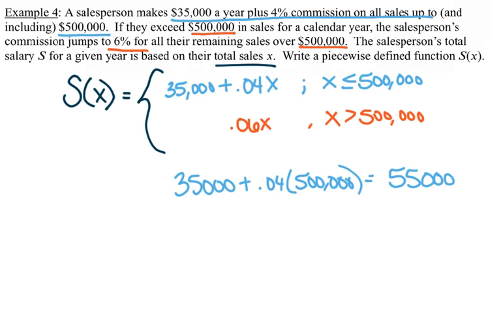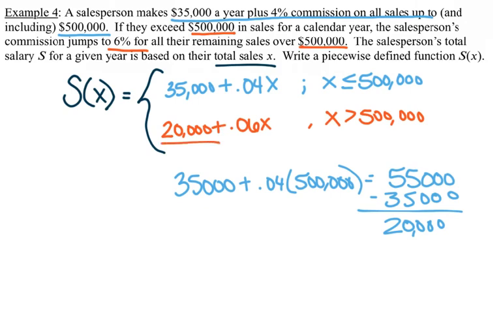But 35 was your salary, so you made $20,000 just for selling $500,000 worth of stuff. Your commission goes up, but remember, you still made $20,000 from the part in blue. That's where I'm getting this $20,000 right here.